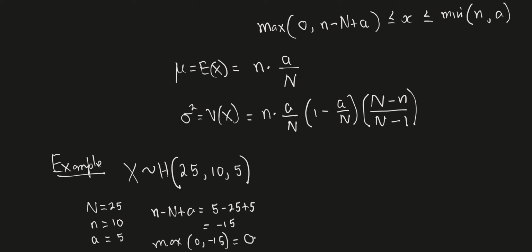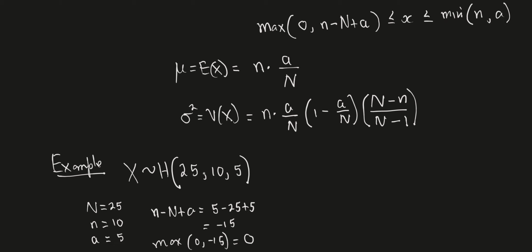So in this case, it is possible to get no successes at all, because since there are only 5 ways to be successful in this population, and we're choosing 10, there are enough failures left over so that we could end up choosing all 10 failures. So that's why this is saying that it is possible to observe 0 successes.